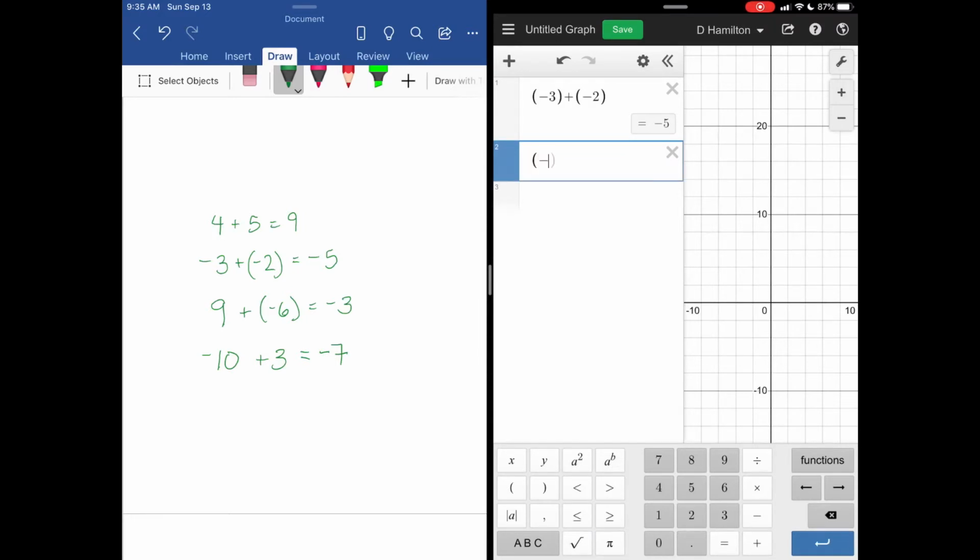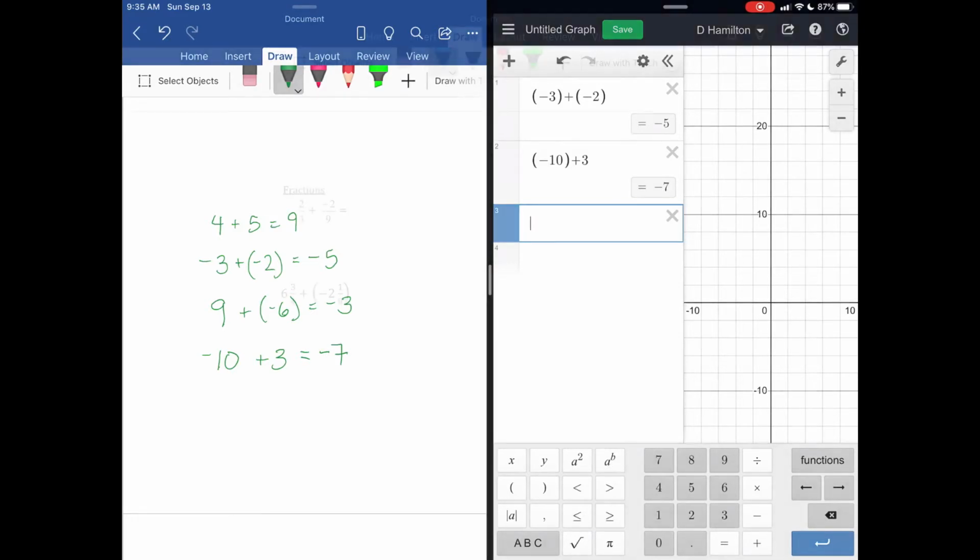And then the same goes for the very bottom problem, the negative 10 plus 3, and we hit enter. And so we can always use this as a good tool just to confirm that we are in fact doing what we should be doing.